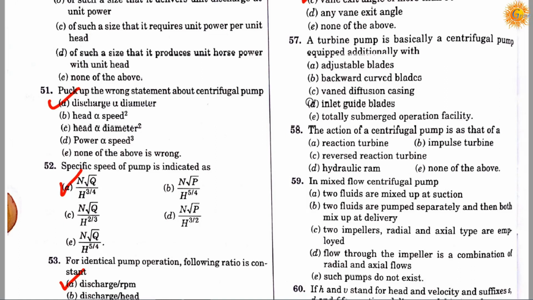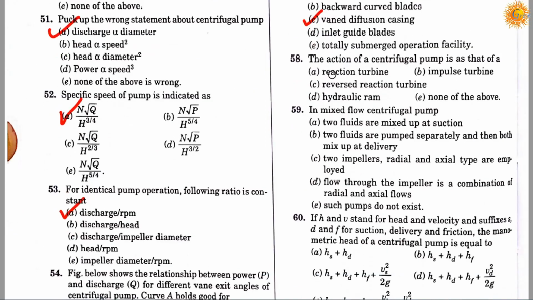So correct answer is C. A turbine pump is basically a centrifugal pump equipped additionally with vane diffusion casing. Okay, that is the correct answer.